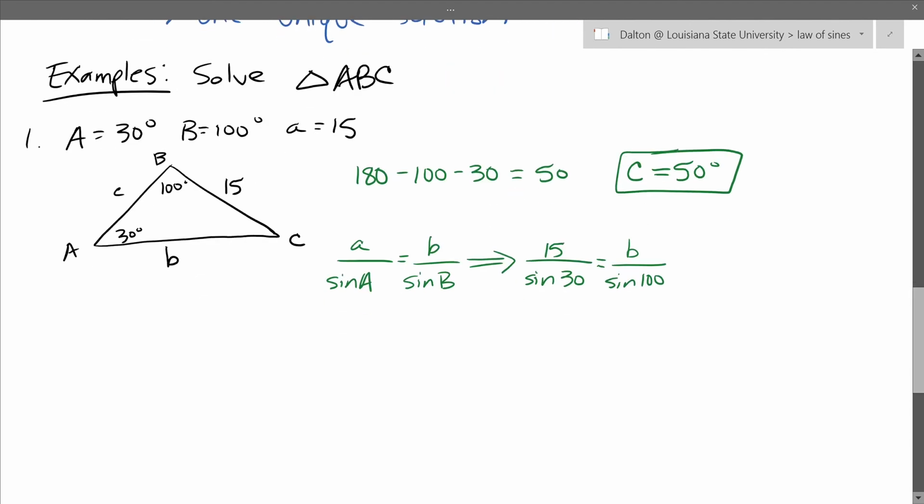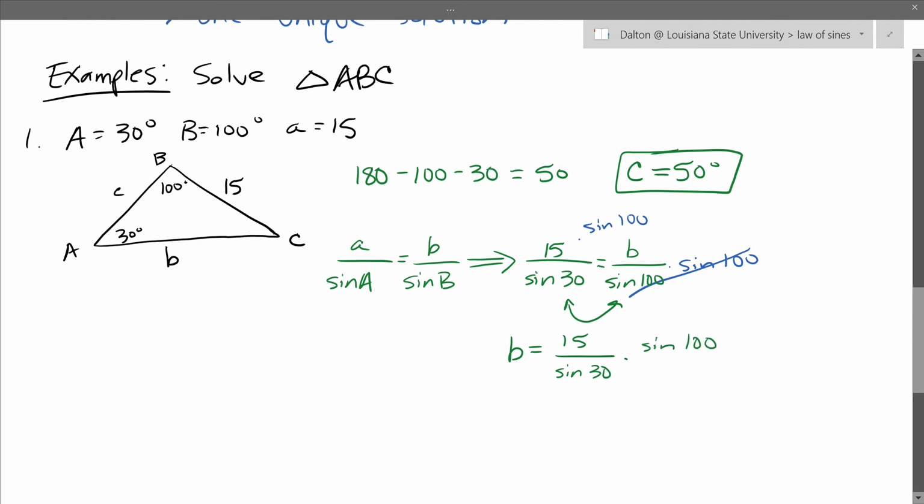And then the goal is to try to get the variable by itself. So if I multiply both sides by sine of 100, I should isolate my variable. So when I do that, I'm going to switch these sides here so that b is on the left side. So b is equal to 15 over the sine of 30 times the sine of 100.